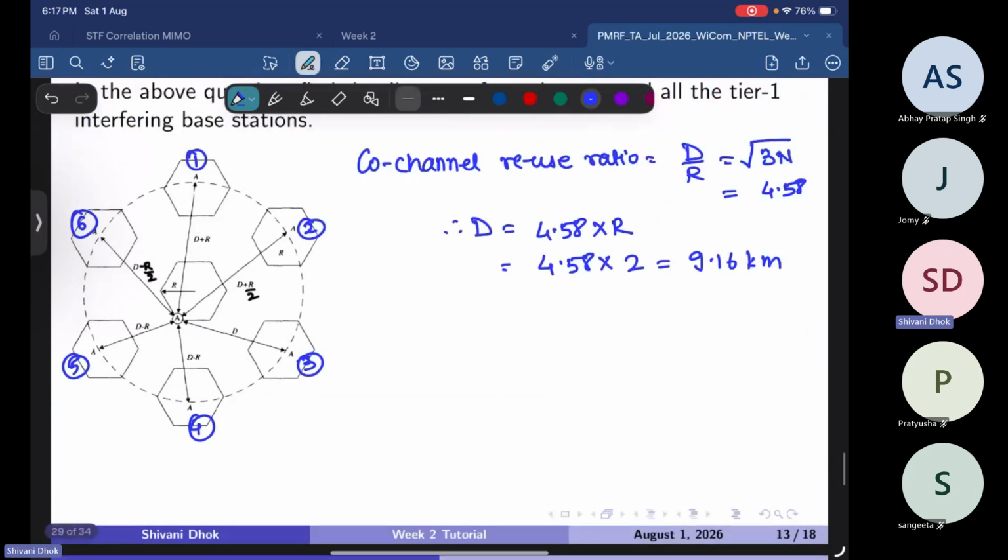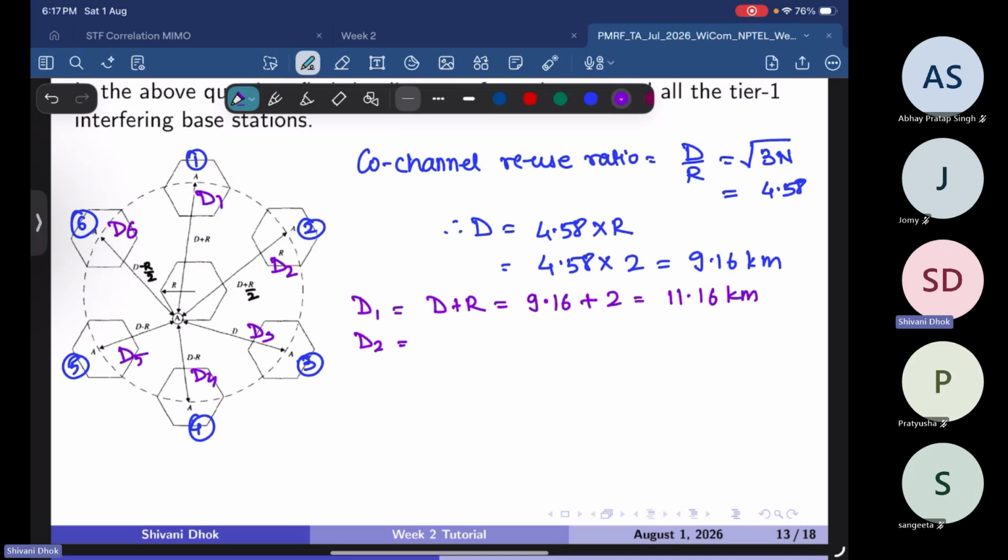Okay, so we have this. So the first distance, let's say d1, d2, d3, d4, d5, d6. So d1 is your d plus r, that comes out to be equal to 9.16, which is your d, plus r is 2 kilometers, that is 11.16 kilometers.